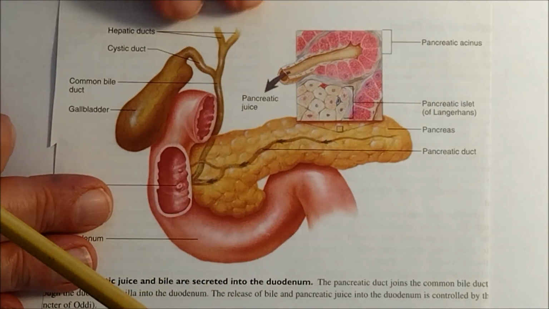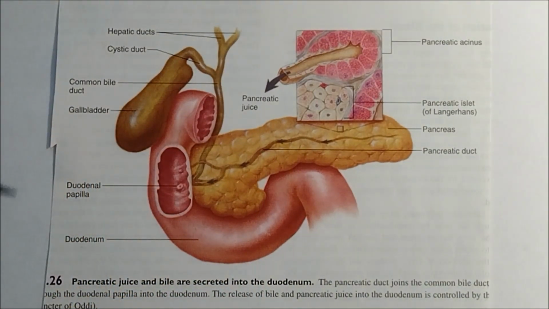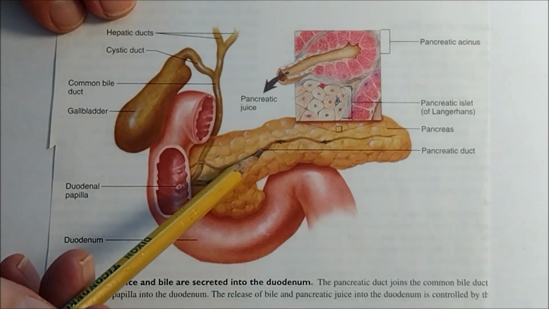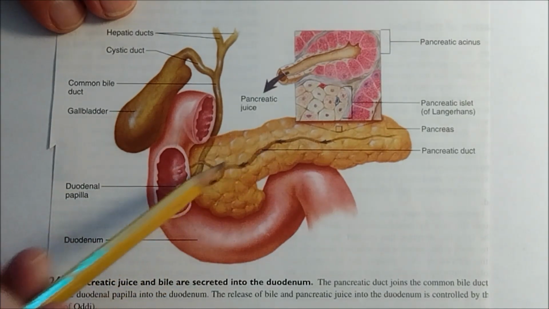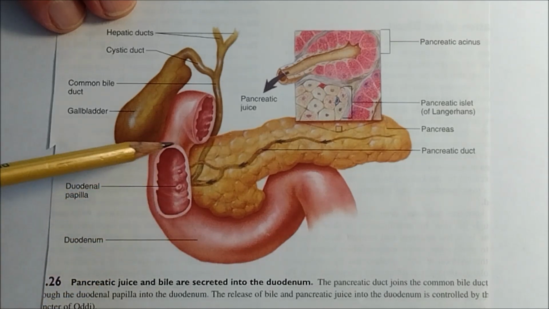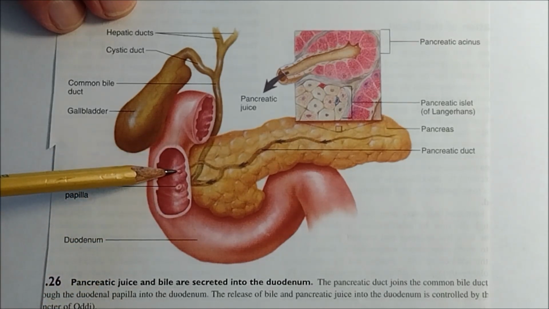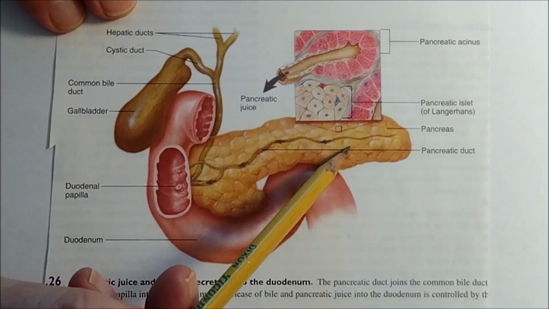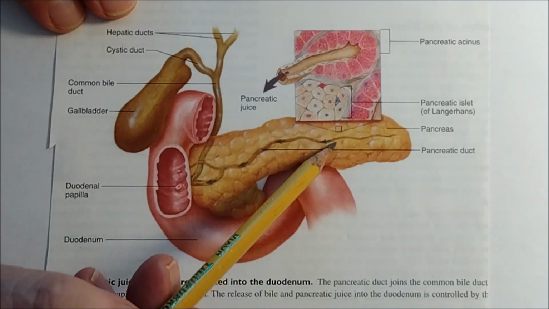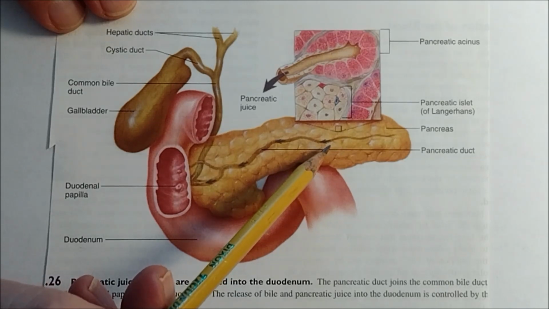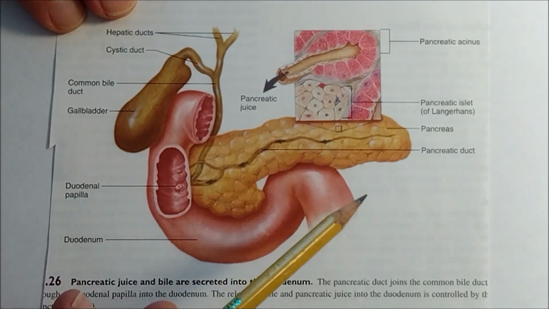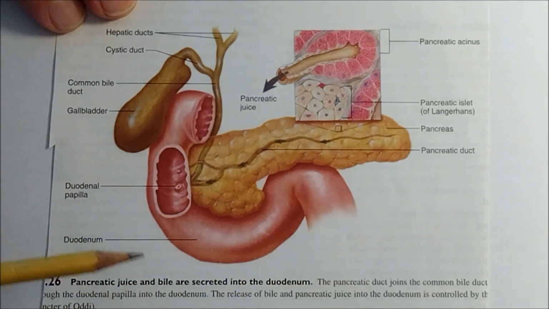Now, let's review. Part of the pancreas is digestive, so it releases juices into the duodenum that help to digest carbohydrates and fats. The other function that the pancreas has is to release the hormone insulin directly into the bloodstream to help, well, we'll see in a minute what it's going to do.